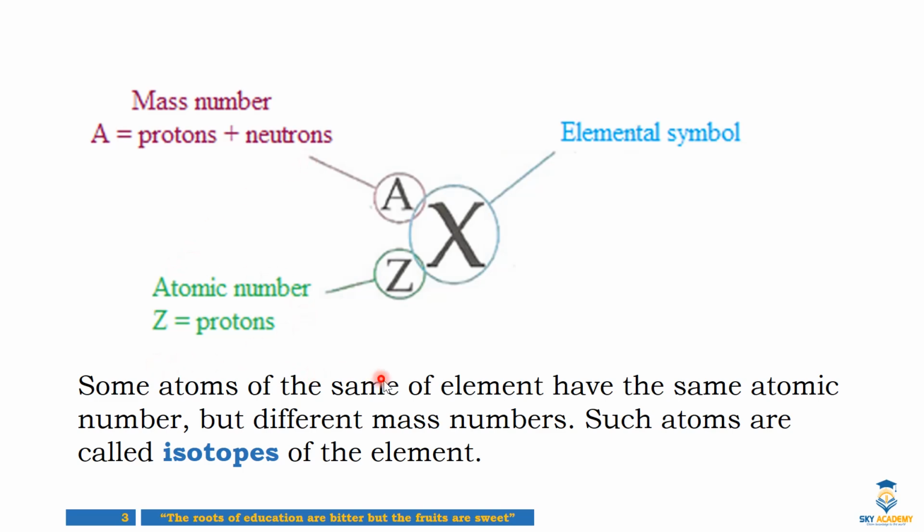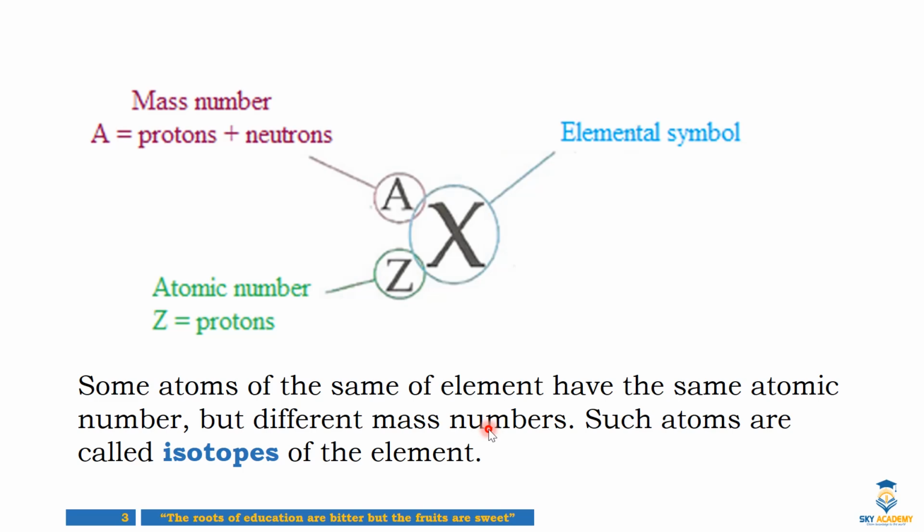So some atoms of the same element have the same atomic number but different mass numbers. Such atoms are called isotopes.